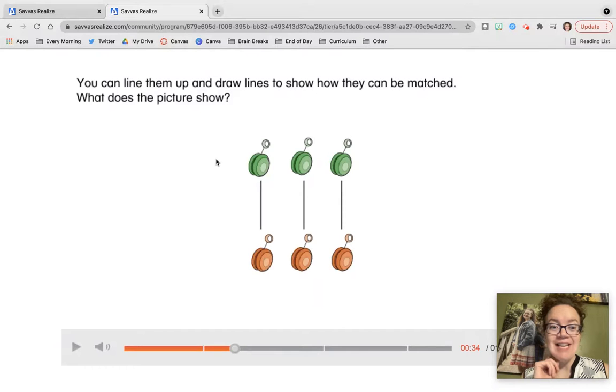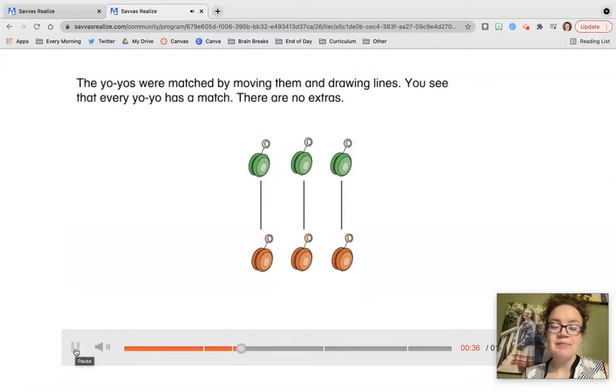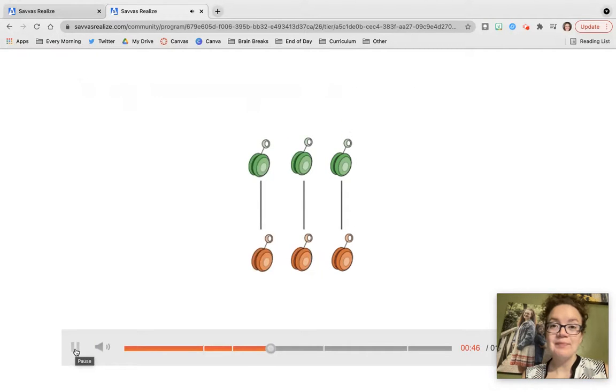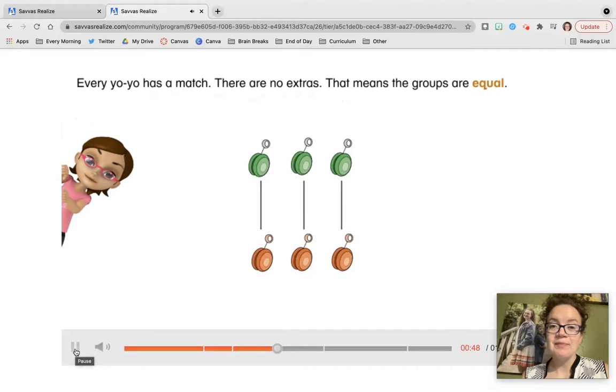Let's see what the video says. The yo-yos were matched by moving them and drawing lines. You see that every yo-yo has a match. There are no extras. Every yo-yo has a match. There are no extras. That means the groups are equal.